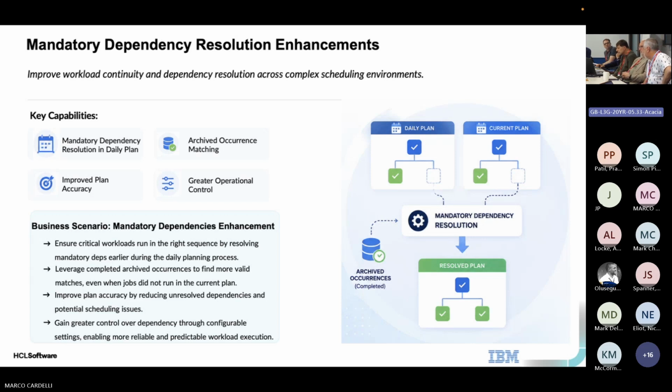That's where we're using it. So this is improving the accuracy, ensuring the dependencies are properly resolved. It's taking into consideration even archived occurrences, so it gives you more control over this whole process of mandatory dependency.